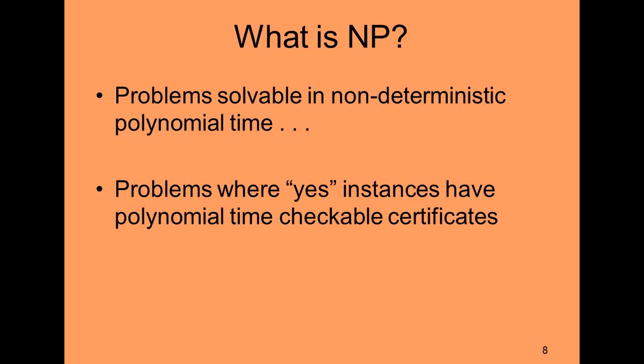If you guess that particular path and reach the solution, then you can claim that you have got the solution for the given problem. Now if you have guessed and claimed the answer, and that solution can be verified in polynomial time, then we call such problems NP problems. So, problems where yes instances have polynomial time checkable certificates.